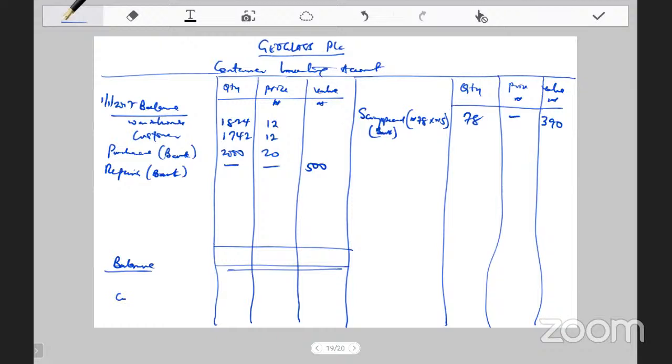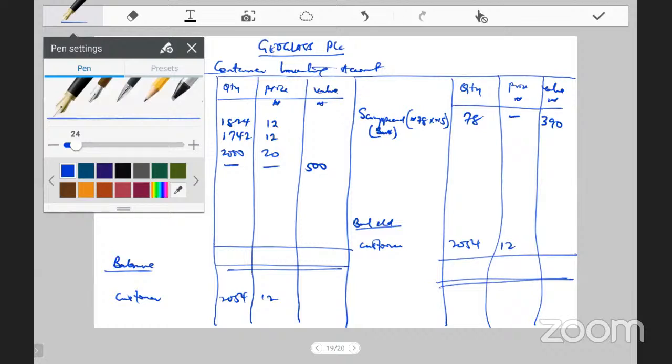In the hands of customer was how much, please? How many units? 2,054. I've gotten that, madam. So what is the next information we have? Okay, that is all.